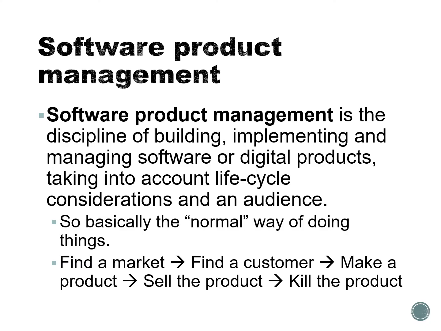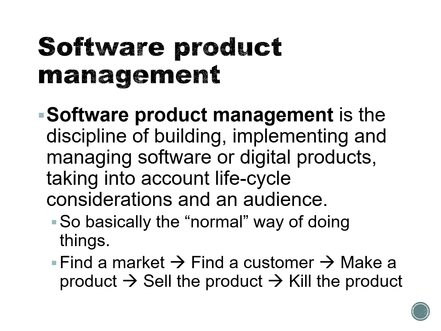So, software product management, of course, is a discipline of building, implementing, and managing the system, the entire product, the service, whatever we are working with. And of course, if we are talking about product management, we also need to take into account the real life aspects of working with software. So there's a life cycle, there's software ages, there's things that we need to do when the software product hits a certain age.